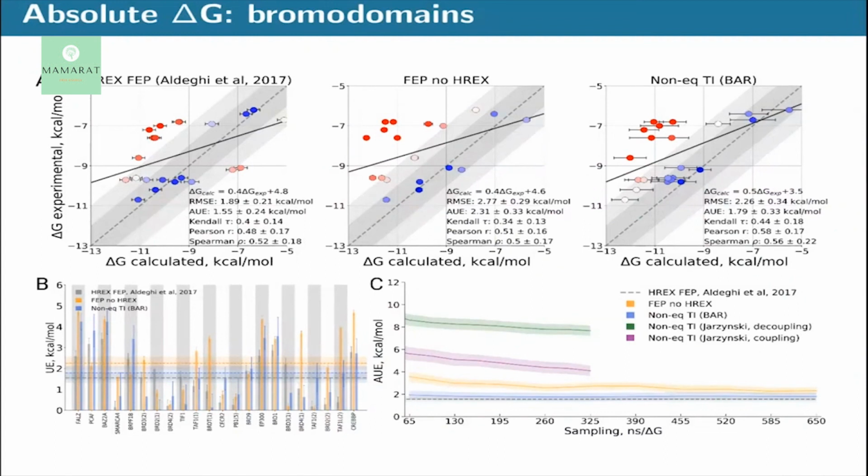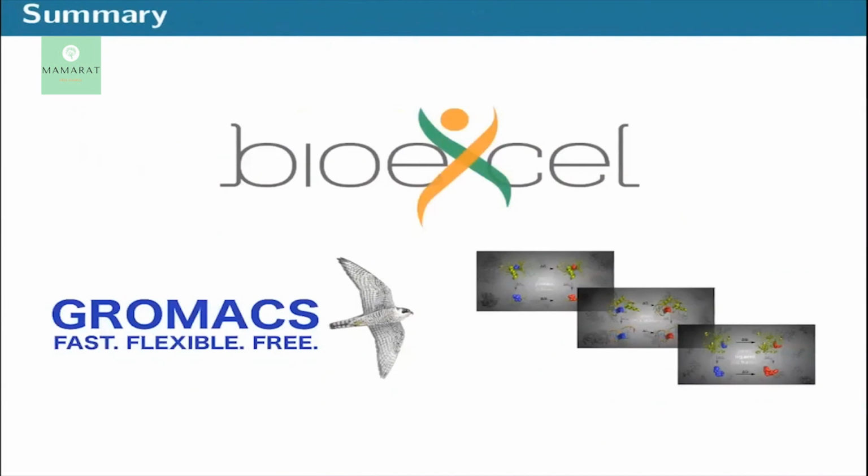And we see that the non-equilibrium free energy protocol converges very quickly to its final accuracy, while the non-enhanced free energy perturbation protocol takes quite some time, and even after the 650 nanoseconds invested per single delta G calculation, it still has not converged to the enhanced sampling technique result.